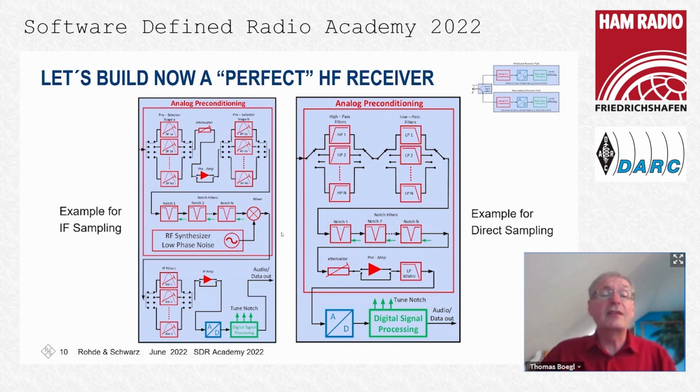So the remaining difference is an RF synthesizer with low noise mixing, probably upward for the HF receiver to 70 MHz or something like this. And then we have IF filters, probably different filters, different in bandwidths, just to ensure that the analog to digital converter sees only the required spectrum.